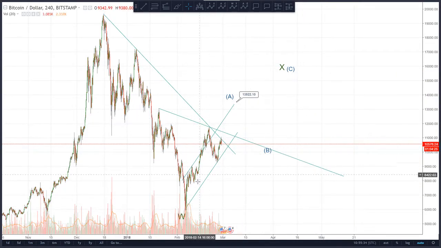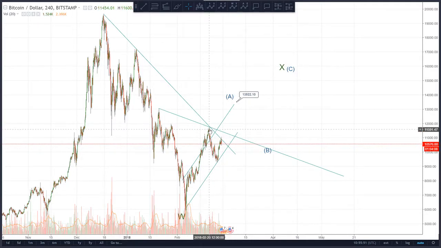So we're looking for an impulsive wave up. There's a 1, 2, 3, 4, 5. This wave 4 has not finished. It's going to consolidate for a while, forming that triangle, this being the upper boundary of the triangle, this being the lower boundary of the triangle.